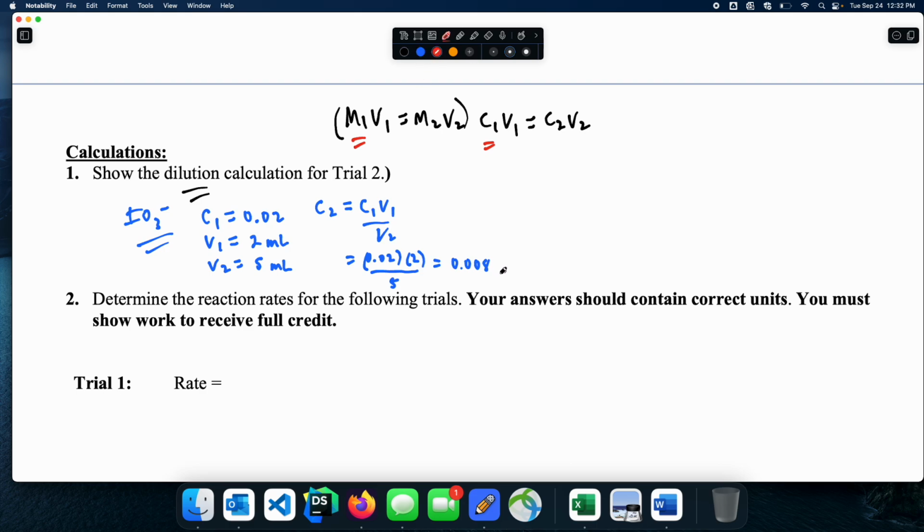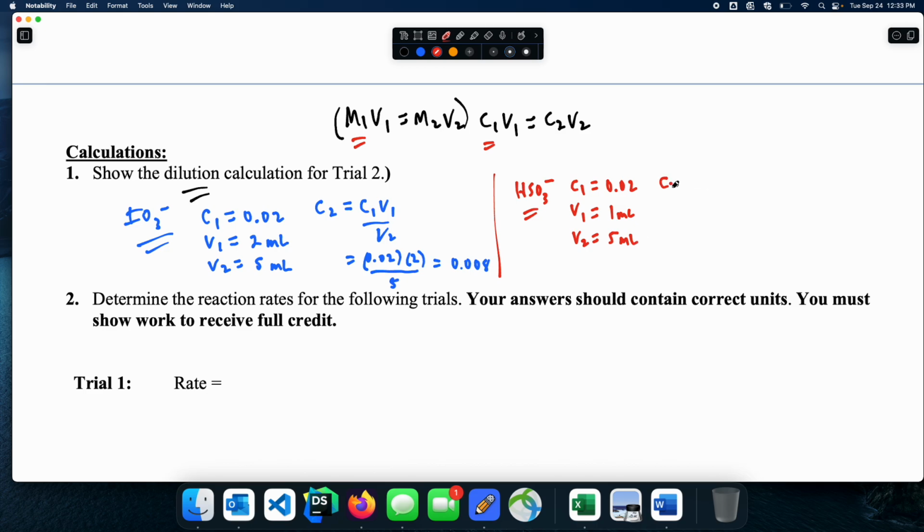Now, for my hydrogen sulfite, okay, my C1, I went and looked at the label. It said 0.02. My V1, for trial 2, I used 1 mil, and I mixed everything together to get 5 mils.